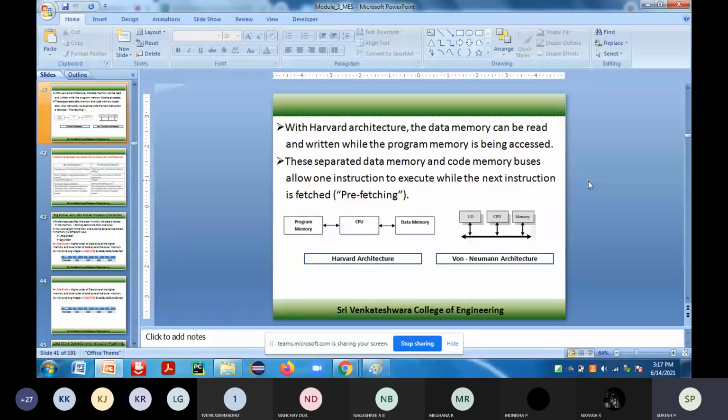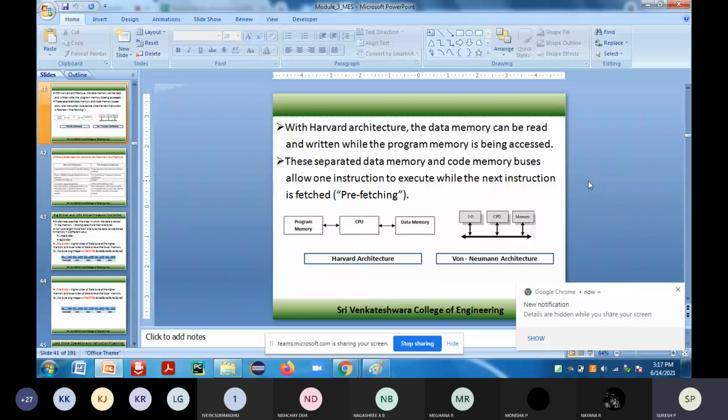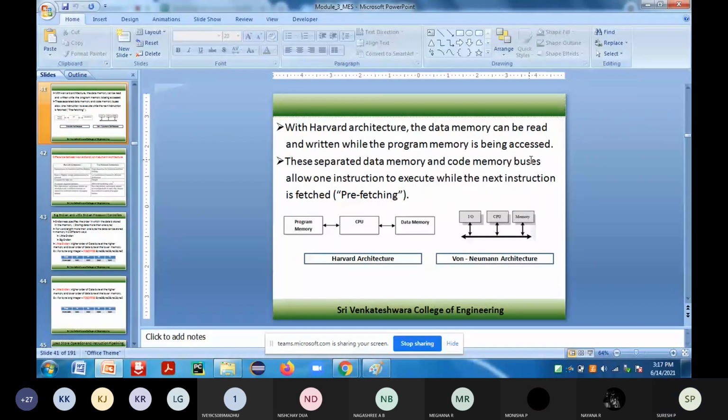Since it has separate buses, it allows one instruction to execute and manipulate data in memory, while the other bus is used for fetching the data or the next instruction to be executed. Those are the two different functionalities of the Harvard and von Neumann architectures.